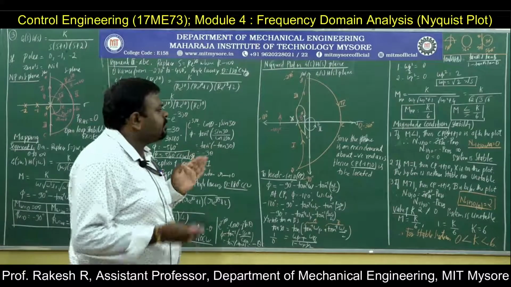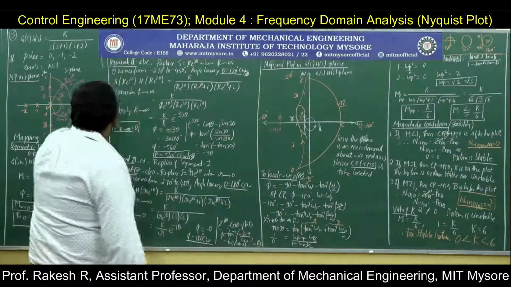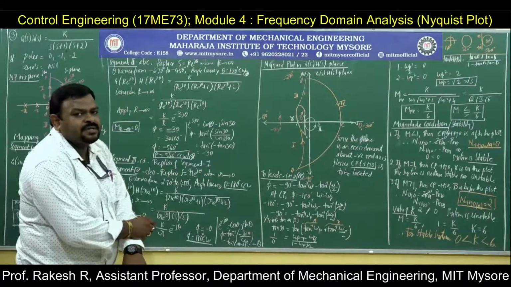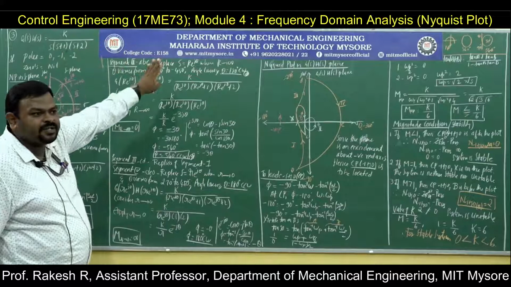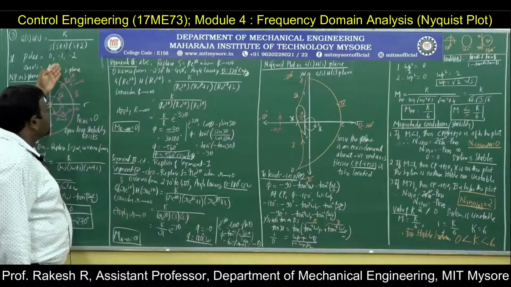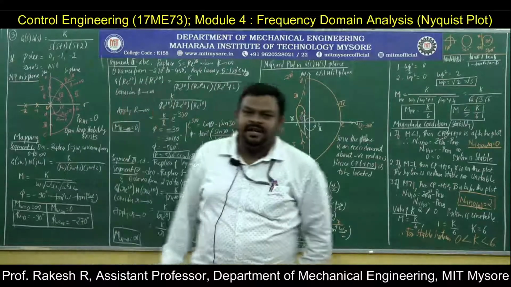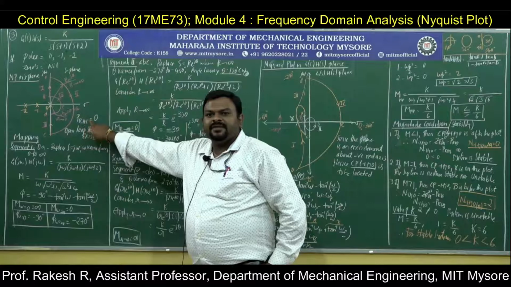But the things look complicated here. Nothing is complicated. First we started with an open loop transfer function, G of s, H of s, the same thing. No modification since they have given the open loop transfer function itself. Calculated poles, calculated zeros. Then we calculated the Nyquist plot in S plane. Why Nyquist plot in S plane? To calculate P RHS. Here we got P RHS.